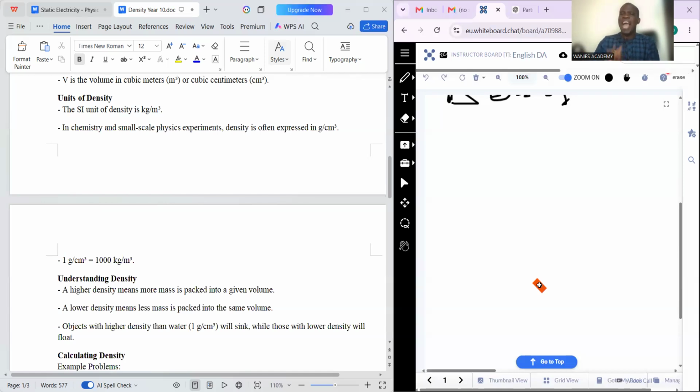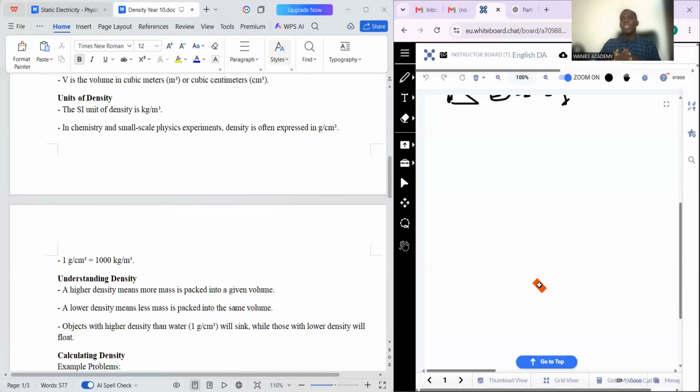So when you have a higher density, more particles are packed in a given volume of a material. If you have a lower density, less mass is packed into a given volume. An object with higher density than water will sink, while those with lower density will float.